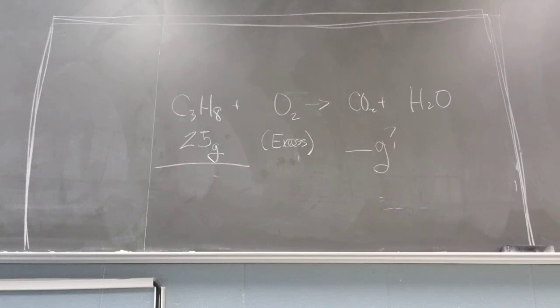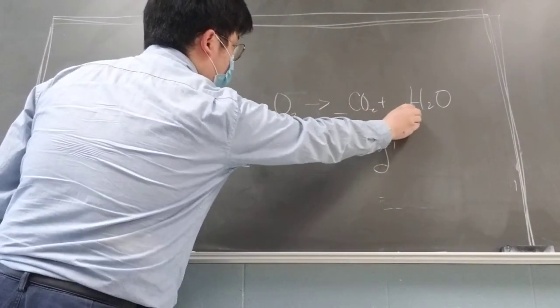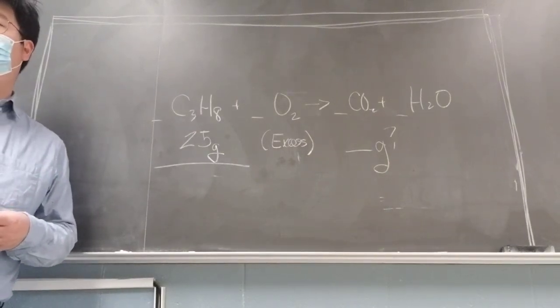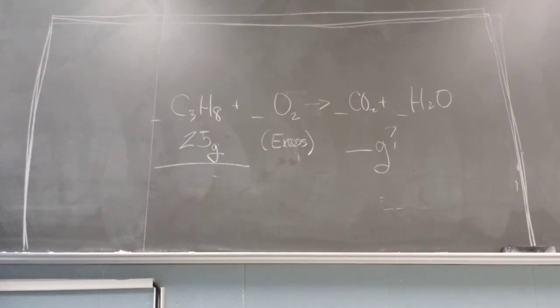So the first thing you need to do is balance the equation first. It's not 1, 1, 1, 1, as you know. So you need to balance this one first. Then you'll be able to use the stoichiometry there. So it's a long process.